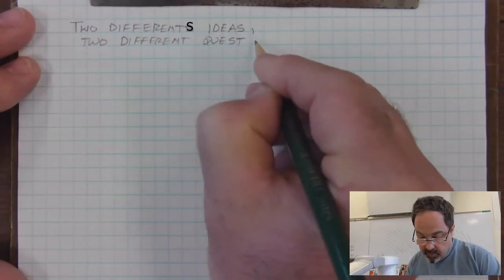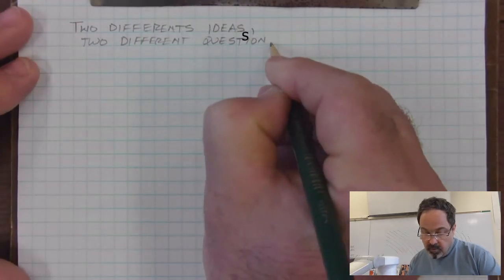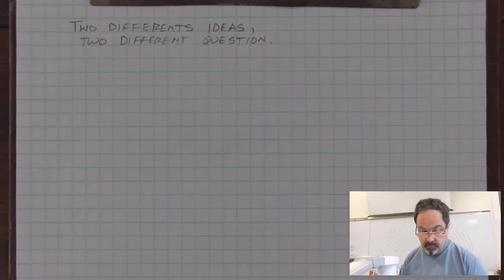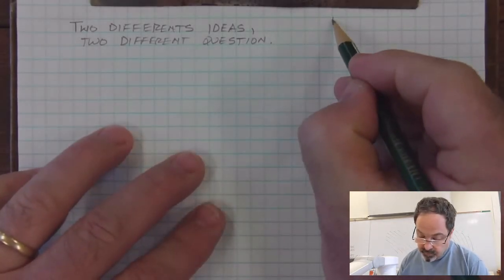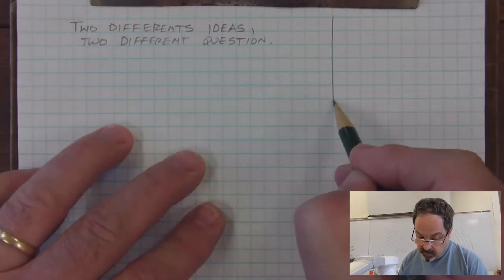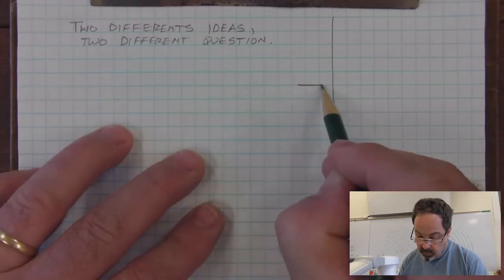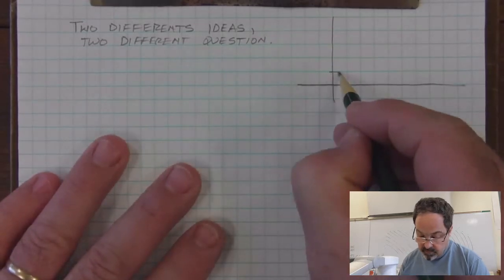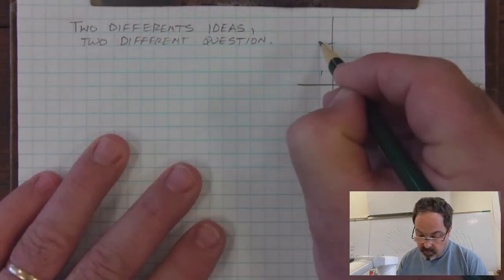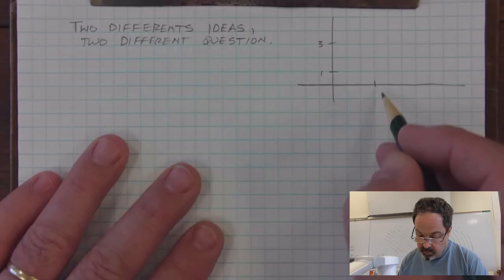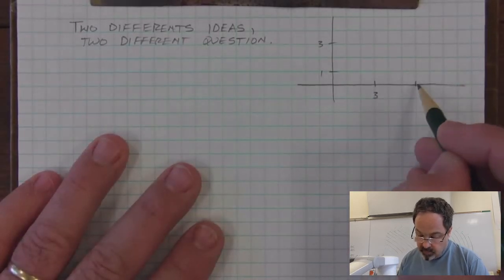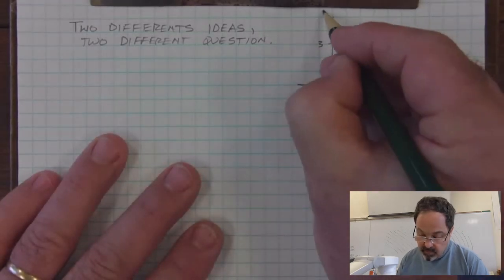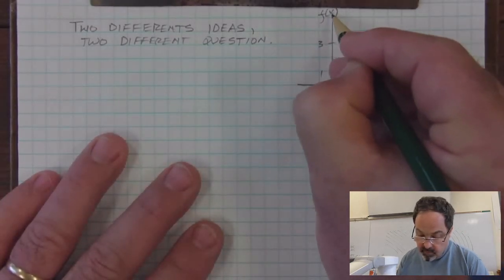And to talk about this new idea, this new way of asking a question, we're going to create a piecewise function and start with what's familiar. So we have a horizontal and vertical axis here, tick marks on the vertical axis of 1 and 3, tick marks at 3 and 6 on the horizontal axis, and we can call this our traditional x and f of x.